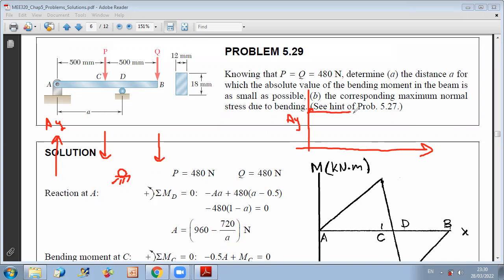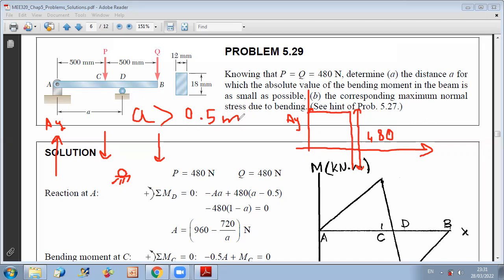Now, under the effect of load P, the shear will drop, okay? So the shear will drop downward because P is a concentrated force downward, and this distance will be equal to 480. And you know, as you can see in this figure, A is larger than 0.5 meters. So we want to place D somewhere between C and B, okay?